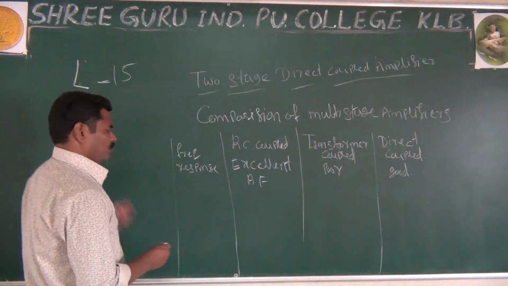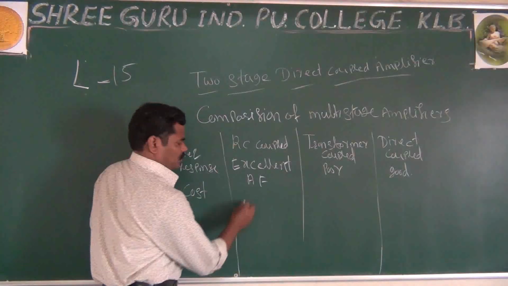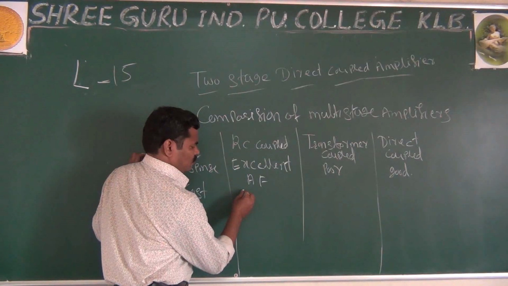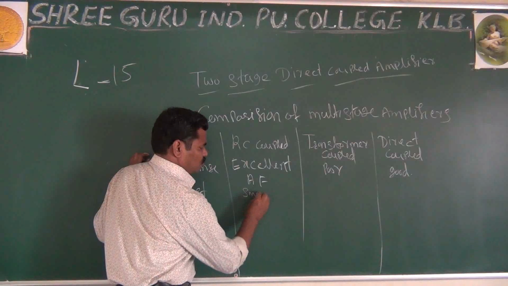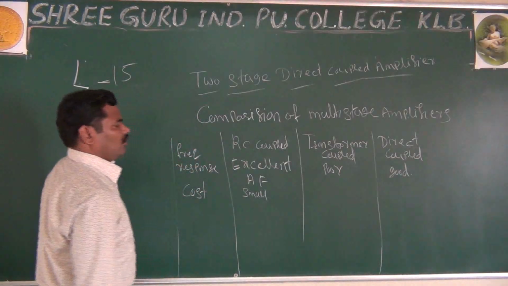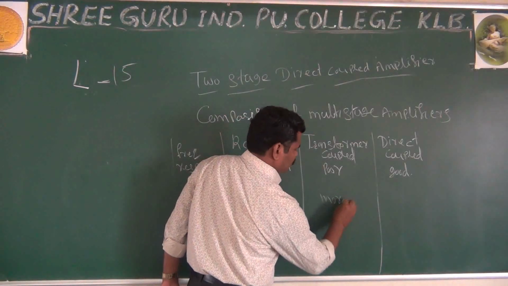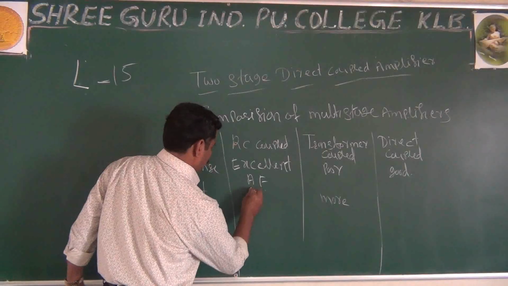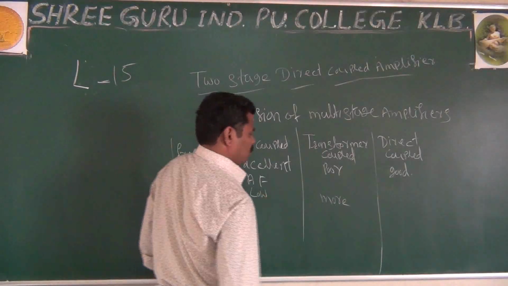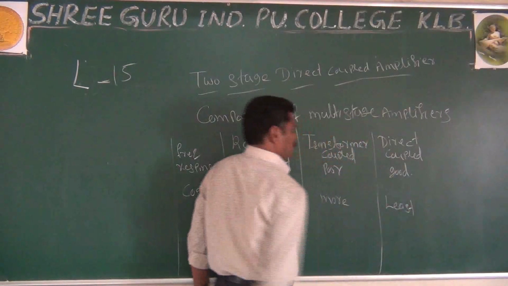What about cost? It is cheap, or you can say it is low cost for RC coupled. It is more for transformer coupled, and it is the least for direct coupled.